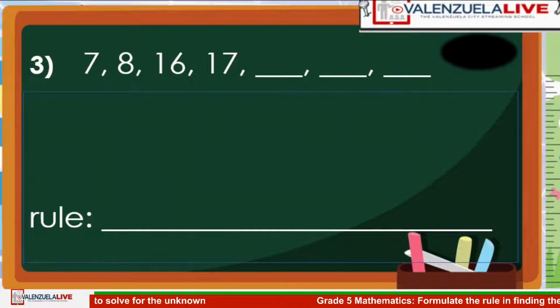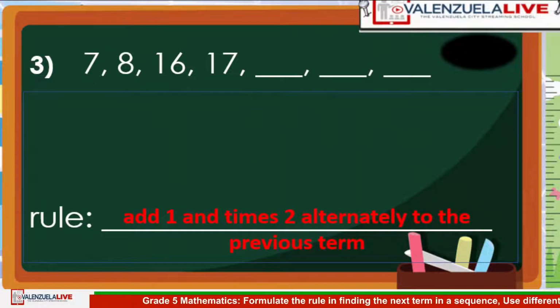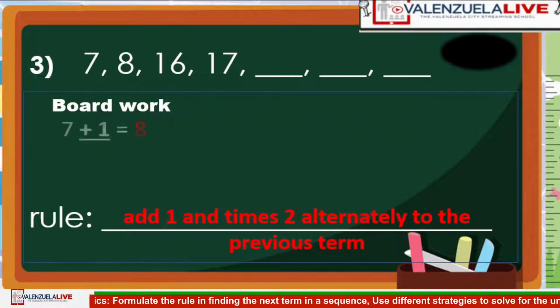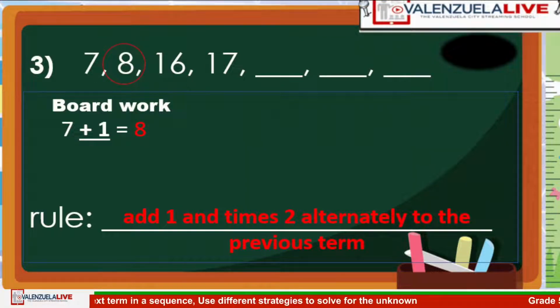All right, time is up. Do you get the rule now? Very good. So our rule is you have to add 1 and multiply by 2 alternately to the previous term. Let's solve it. So we have here 7 plus 1. That gives you 8. That will be our second term.